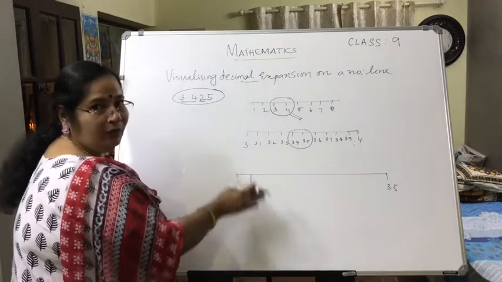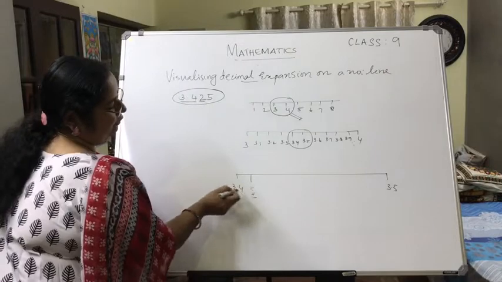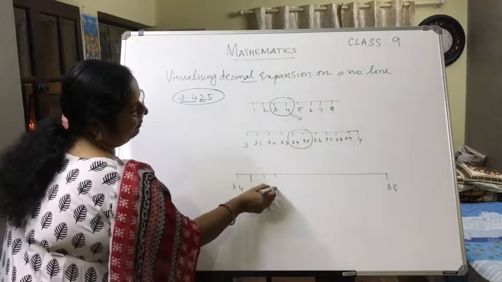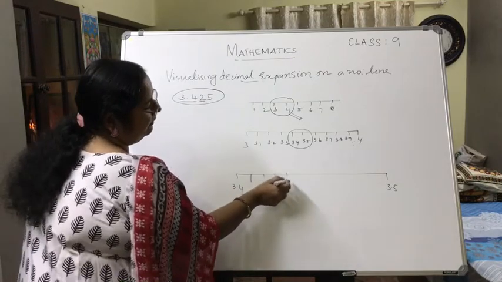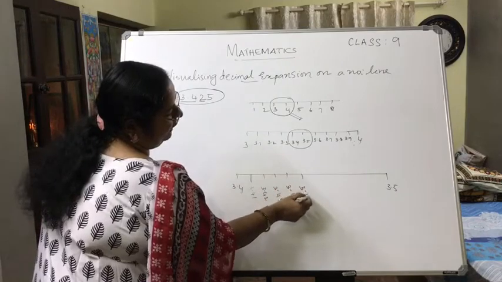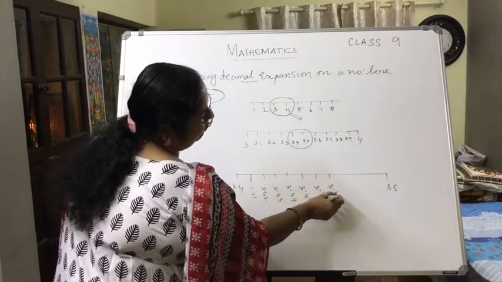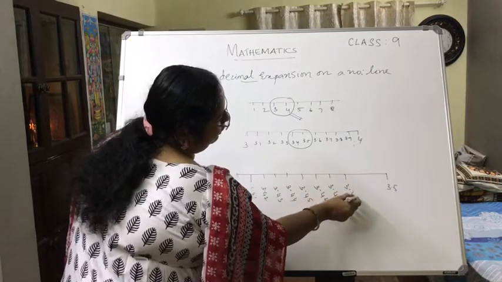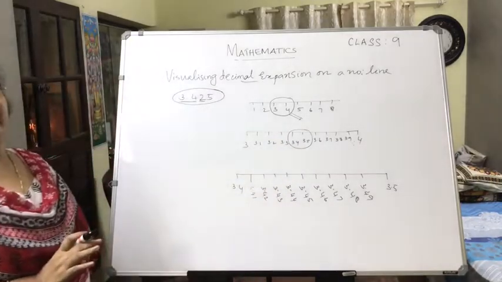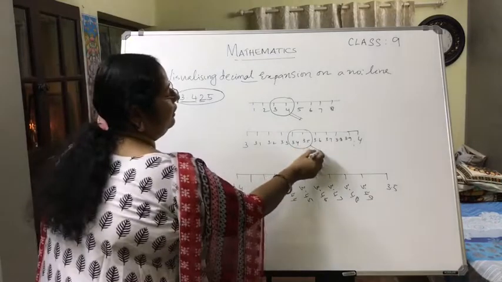So this will be 3.4, the first place will be 3.41, 3.42, 3.43, 3.44, 3.45, 3.46, 3.47, 3.48, 3.49 and 3.5. This is our magnified form, our hand lens.